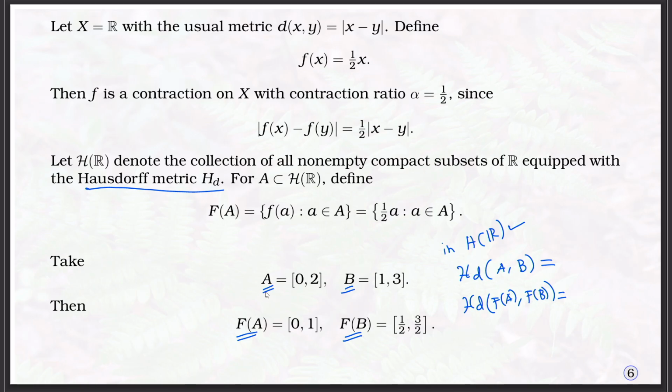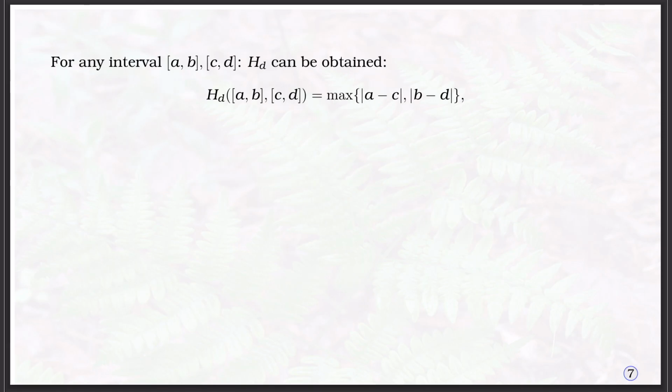So if you want to find the Hausdorff distance between two compact sets in H of R, we may use this formula.